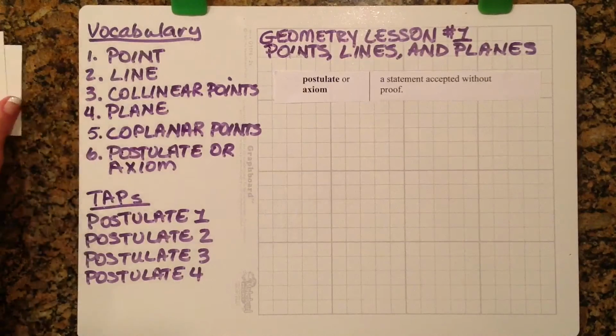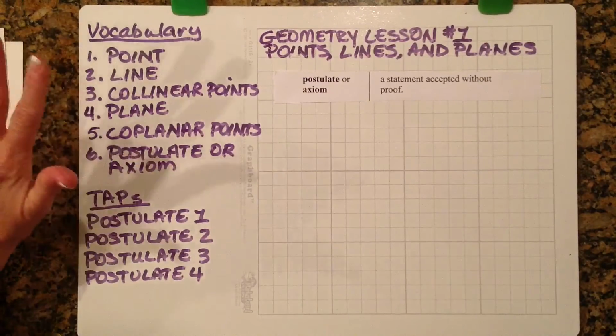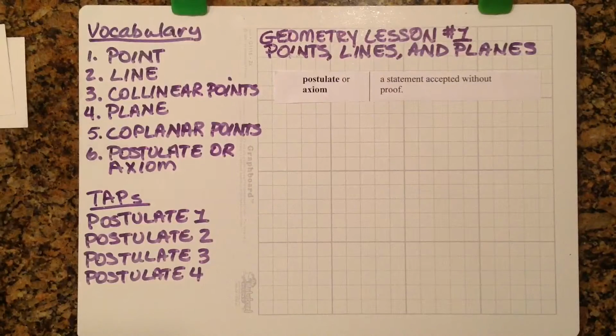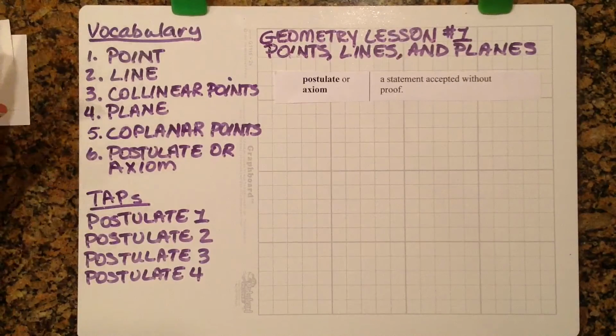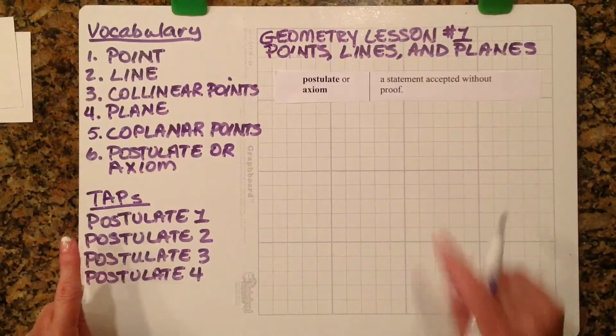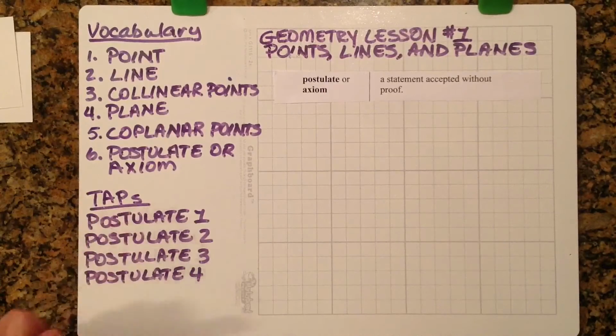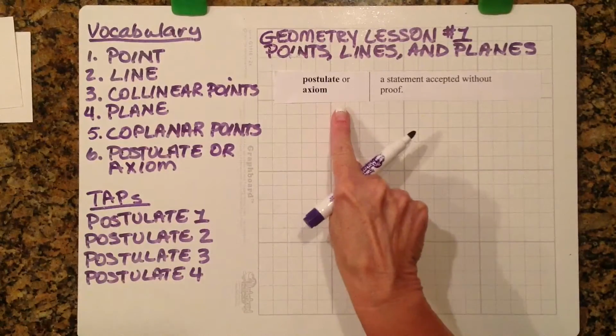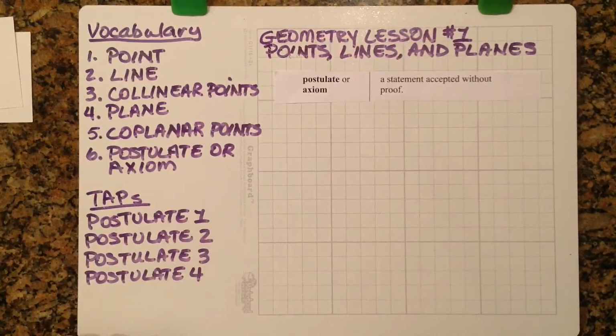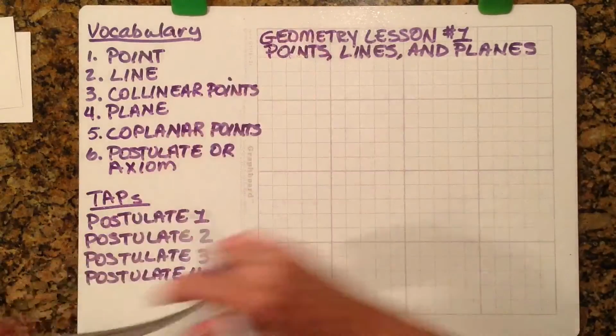I don't have to sit there and prove it to you. There are a few of these that we have in geometry. They're usually at the very beginning of learning about geometry. So this is dealing with our TAPS. Remember, our TAPS was theorems, axioms, and postulates. So we're going to go over 4 postulates real quick. Let's do postulate number 1.